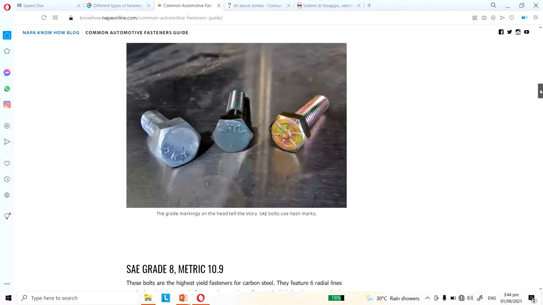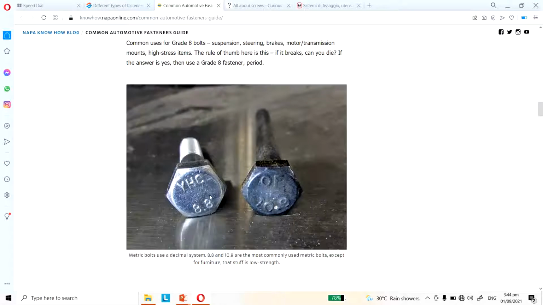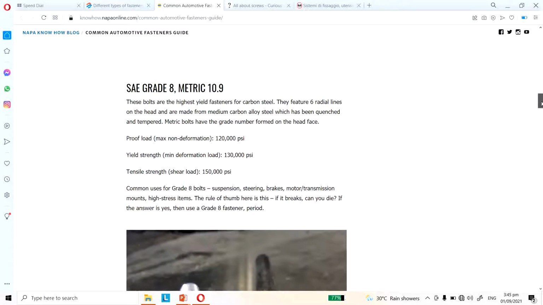So you would notice this metric designation 8.8 in the bolt head markings. It says here 8.8, and right here it's 10.9. So the higher the grade, the stronger the bolt is. For 10.9 or higher grades, the typical use, it says here grade 8, is suspension, steering, brakes, motor, transmissions.